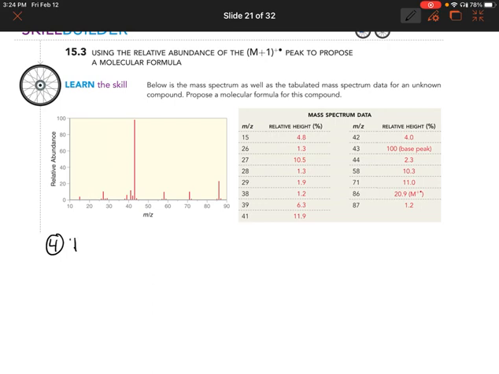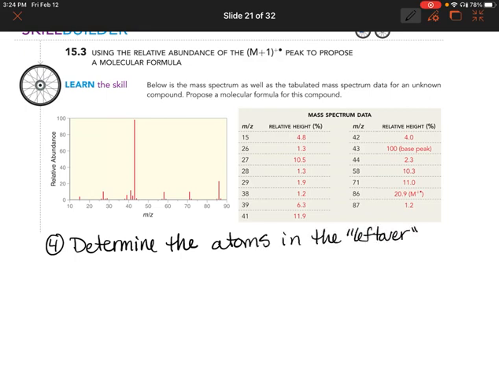So step 4, determine the atoms in the leftover mass. We kind of determined already that we might have an oxygen, which would account for quite a bit of the leftover mass. So again, we had a mass of 86 to start, from our parent peak, and then we subtracted 60 due to those 5 carbons.